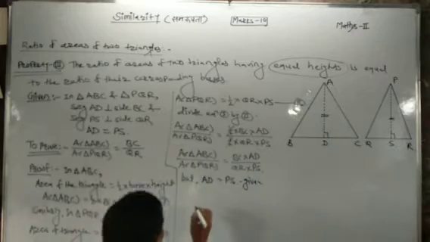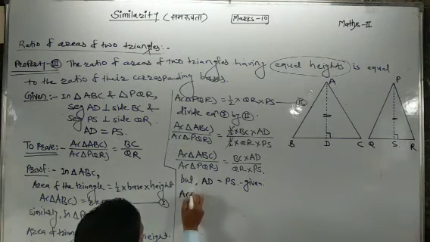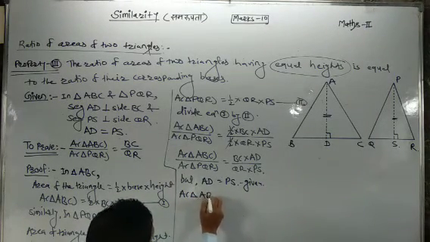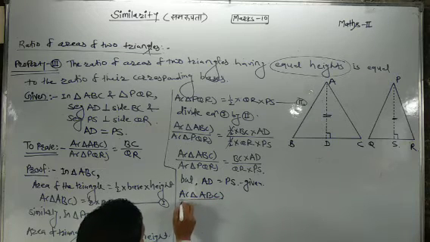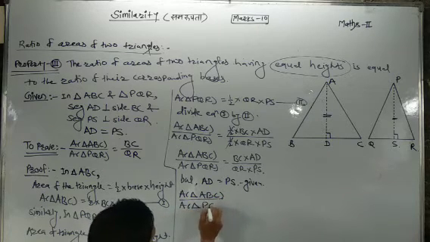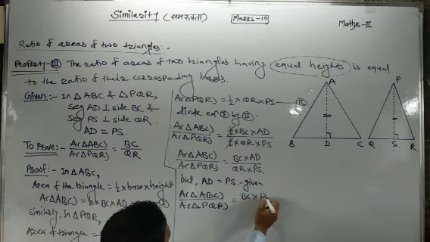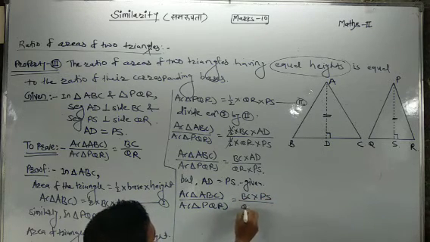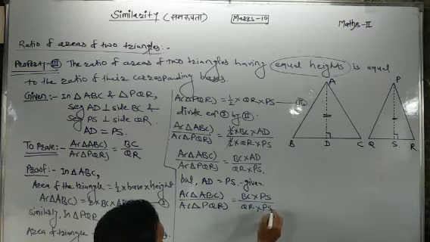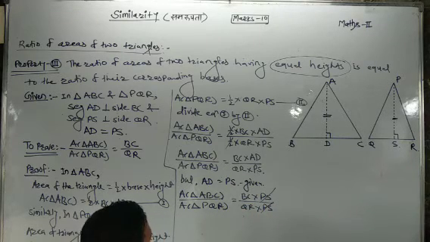Right. We get the statement area of triangle ABC divided by area of triangle PQR equal to BC into PS divided by QR into PS. Now this PS gets cancelled.